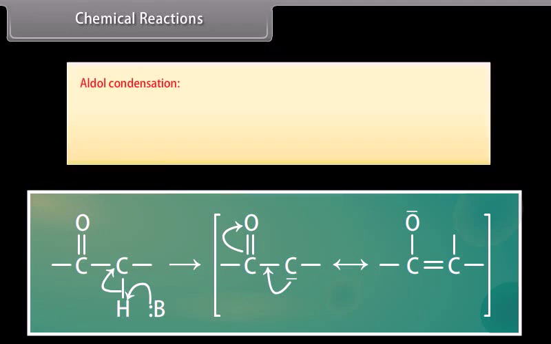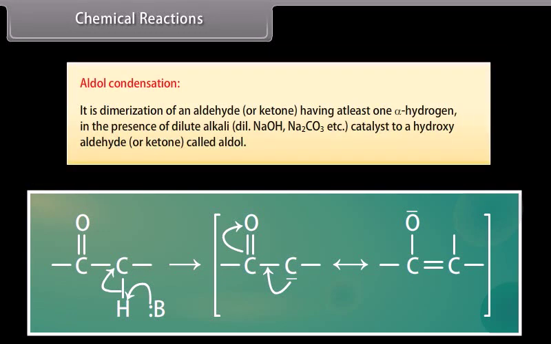Aldol condensation. It is dimerization of an aldehyde or ketone having at least one alpha hydrogen in the presence of dilute alkali such as dilute sodium hydroxide, sodium carbonate, etc., as catalyst to a hydroxyaldehyde or ketone called aldol.